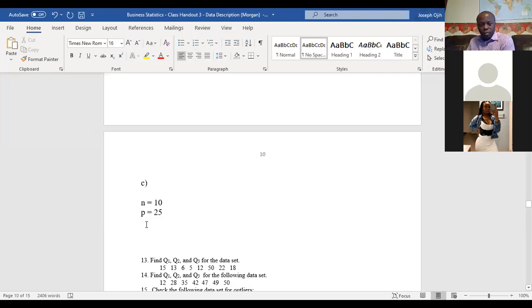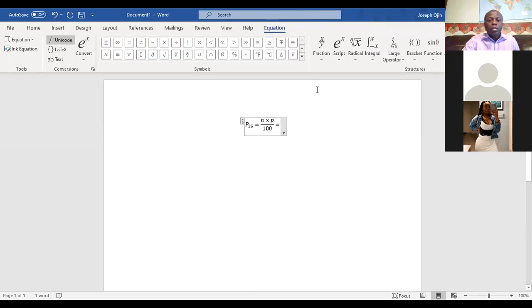N is 10. Okay, and P is 25. And how many over 100? So I'm going to take you back. We have equals 10 times 25 over 100.